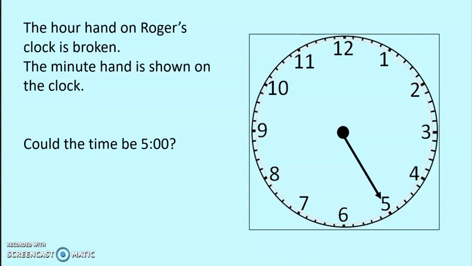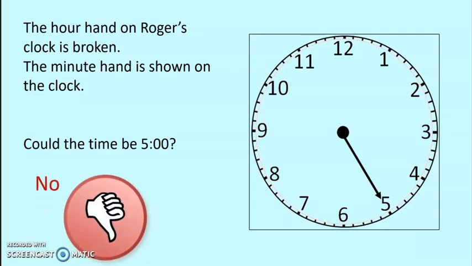The hour hand, the shorter hand, will be pointing at the 5, and the minute hand on Roger's clock would be pointing where, friends? It would be pointing at the 12, which represents the beginning of a new hour. This is what the clock would look like if it were 5 o'clock.